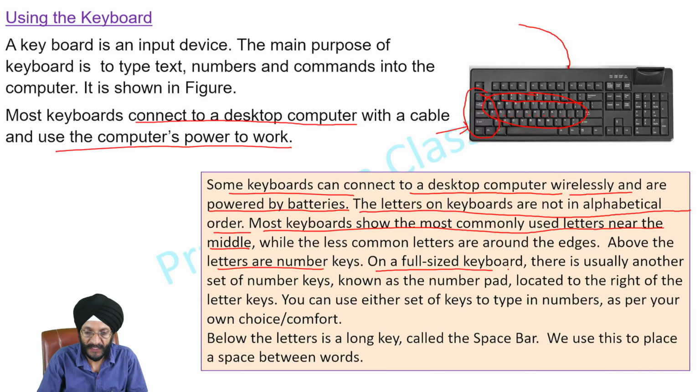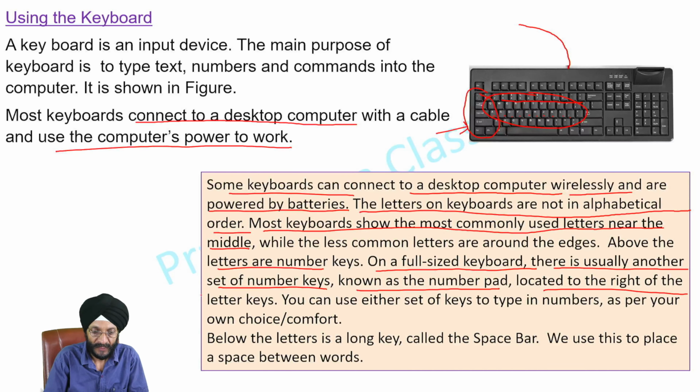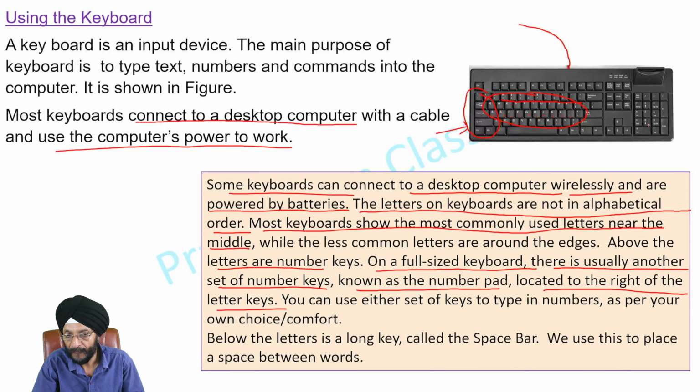On a full size keyboard, there is usually another set of number keys located to the right of the letter keys. You can see here that 1, 2, 3, 4, 5, 6, 7 keys are also present there.